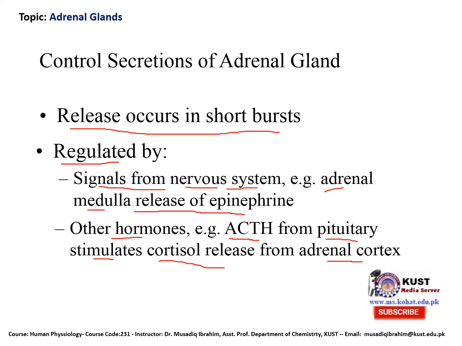So the adrenal cortex is controlled by the pituitary, and the adrenal medulla is controlled by the nervous system. And that is how the regulation, that is increase or decrease in the concentration of the secretion of the adrenal glands, is maintained.